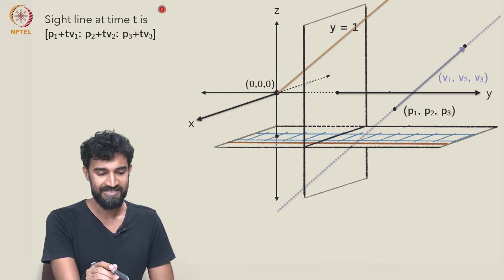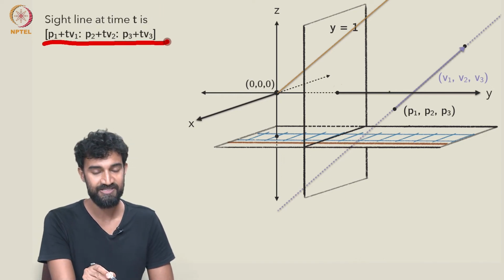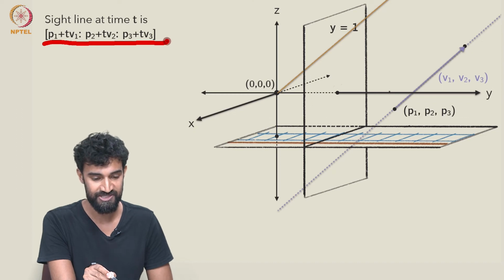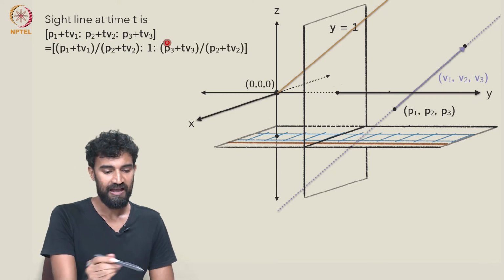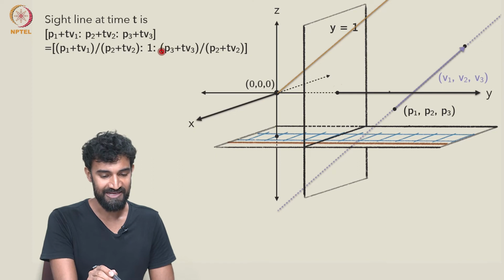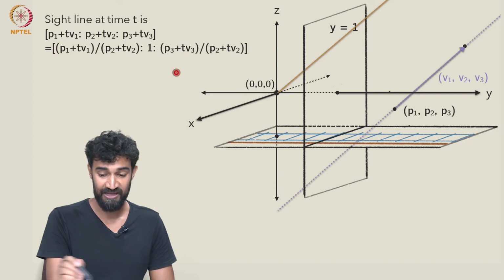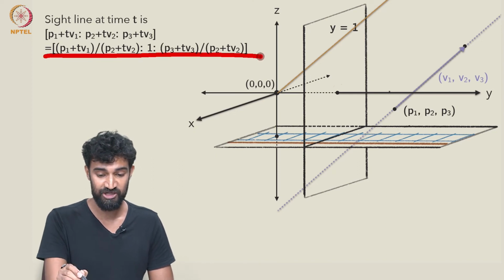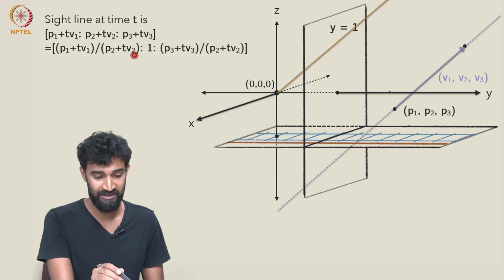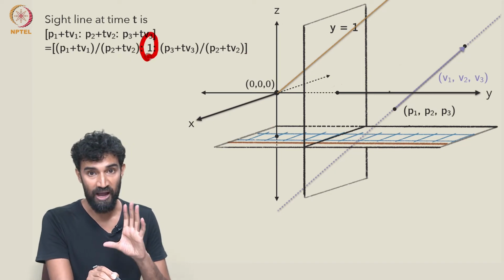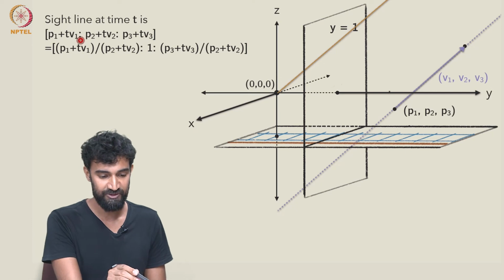So the sight line at time t is given by this expression, these homogeneous coordinates. And we can rewrite that to give a representative in the picture plane. We've made this y coordinate 1 by dividing everything through by p2 plus tv2.